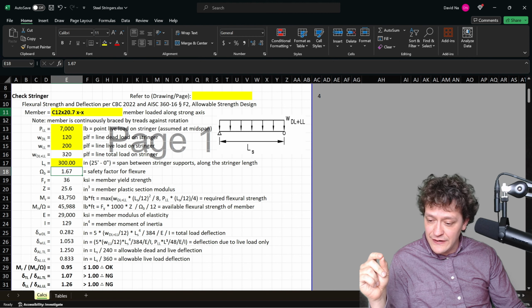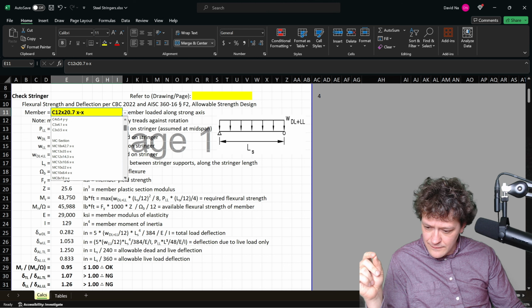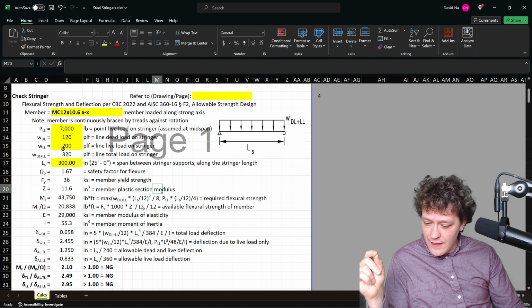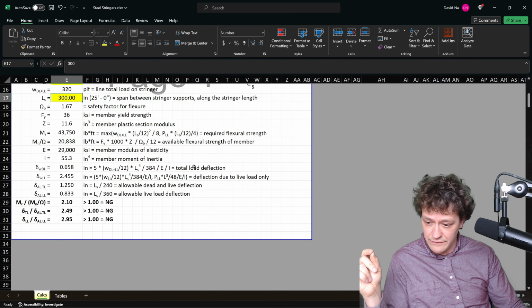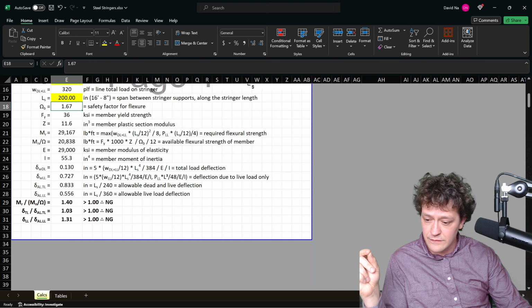If we use the slimmer MC section, by 10.6, then what would be the longest that we could do? Not the 25 feet. Can we do 200 inches? No good. NG.